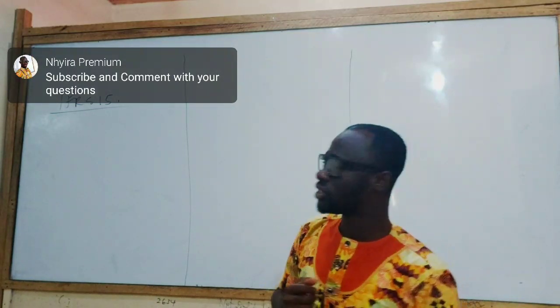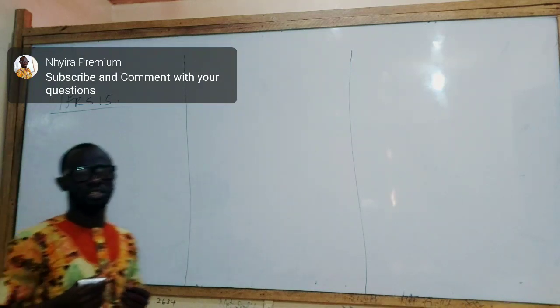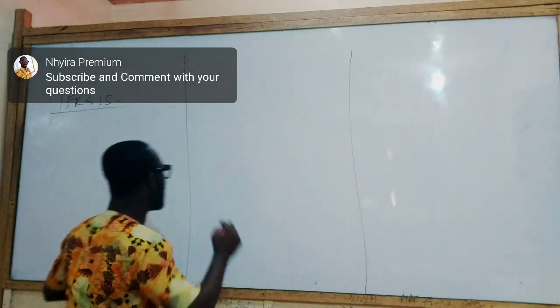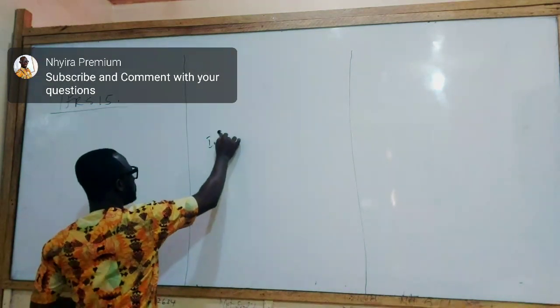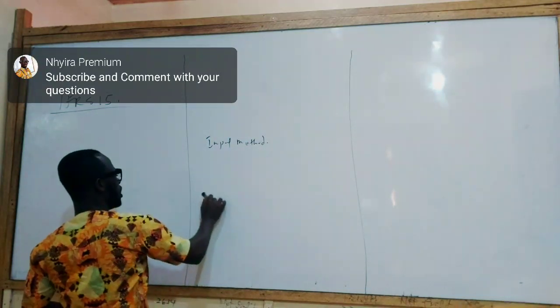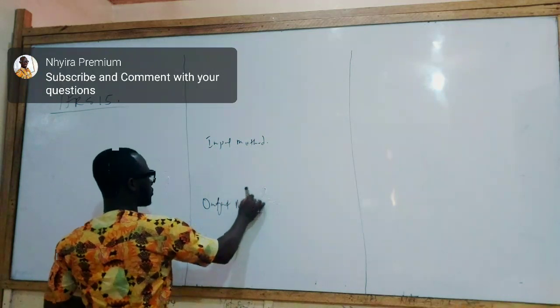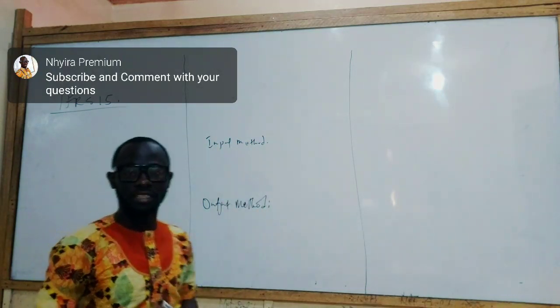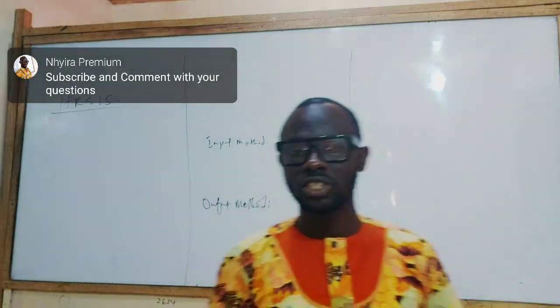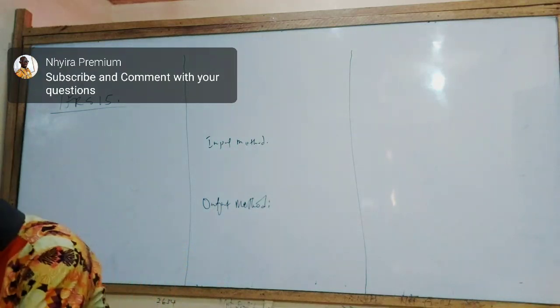When it comes to the calculation of the percentage of completion, we can use what is called the input method or the output method. So 2 key methods can be used for the computation of the percentage of completion.